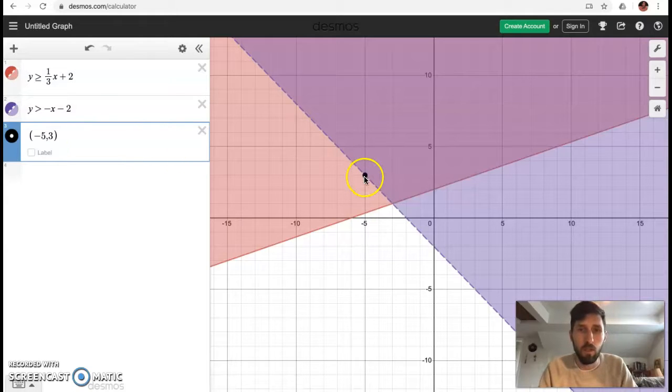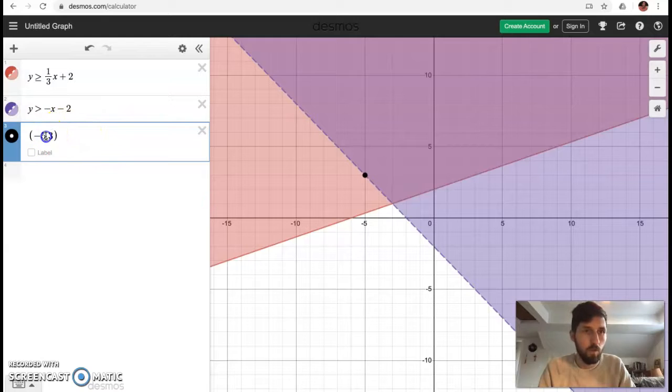Yeah, that works. This point over here, it's on a dotted line, and all of those points are things like y is greater than negative x minus 2. Since it's on a dotted line, we don't actually include any of those points. And so that point in particular, we're not going to include in our solution. So this thing over here is not a solution.